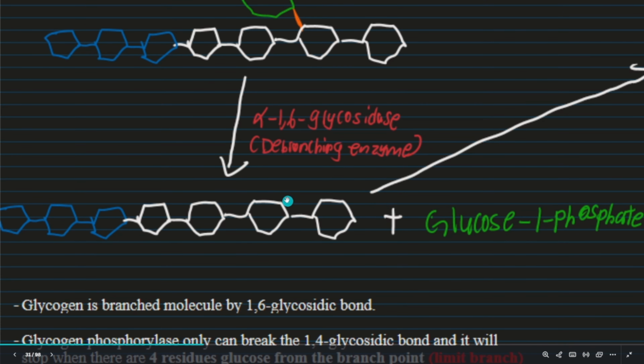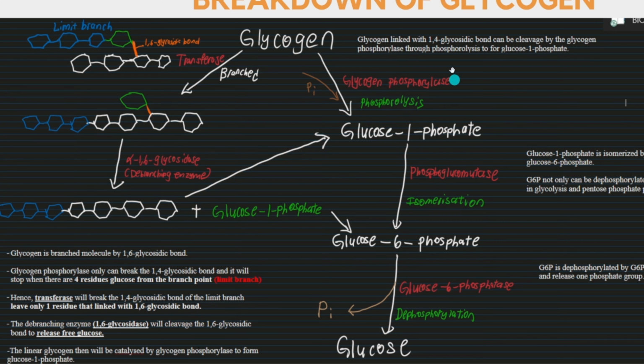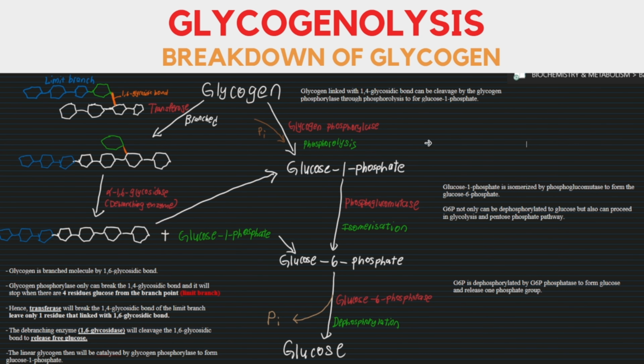At the same time, only this branch remains, and it can be cleaved by the glycogen phosphorylase to form glucose 1-phosphate. So that's all about the glycogenolysis. Very simple, compared to glycogenesis, it is quite simple, not hard.